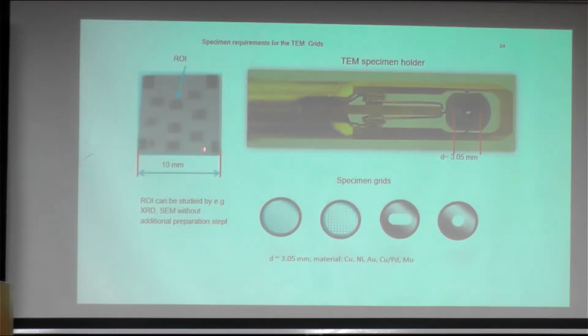But because it has a thickness of more than 100 nanometers, you first need to prepare it before transferring it to a specimen grid, and then to the specimen holder. That is why we need specimen preparation.